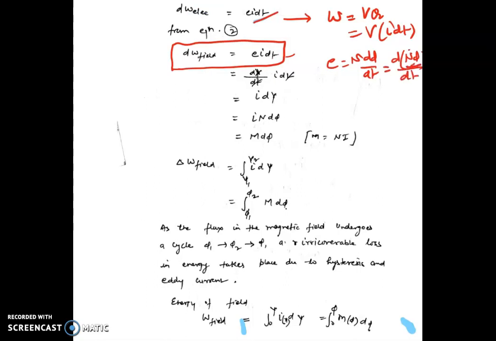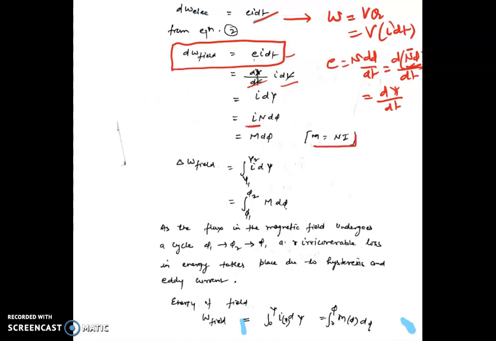And what is this N phi? This N phi is psi, so E is d psi by dt, into I dt. The dt cancels, giving I d psi. Psi is equal to N d phi, because psi is the flux linkage. So I into N into d phi. And what is this I into N?